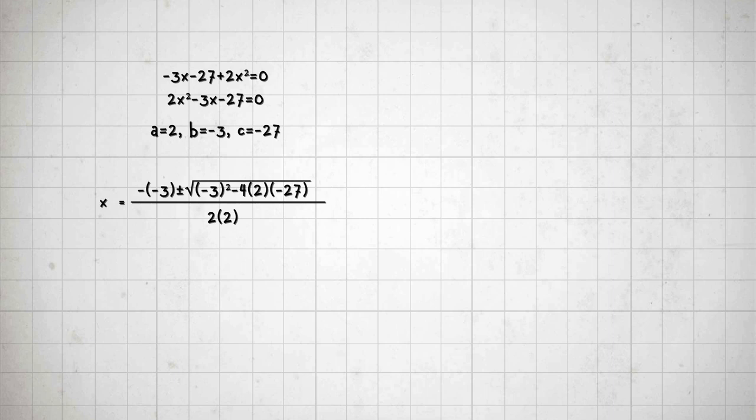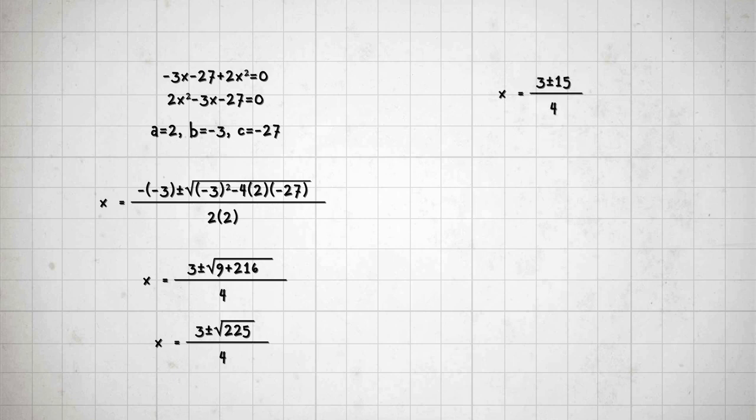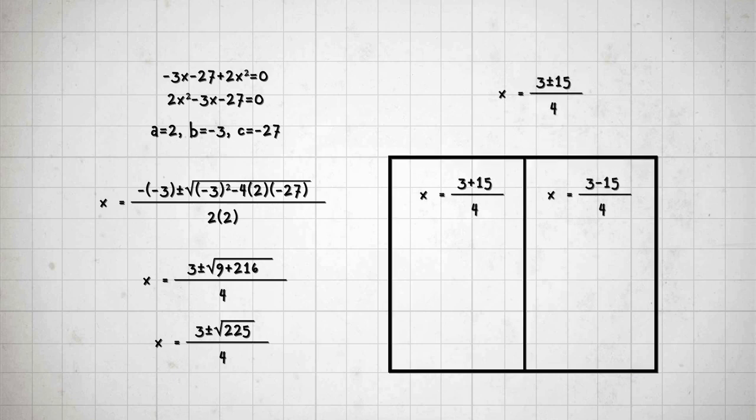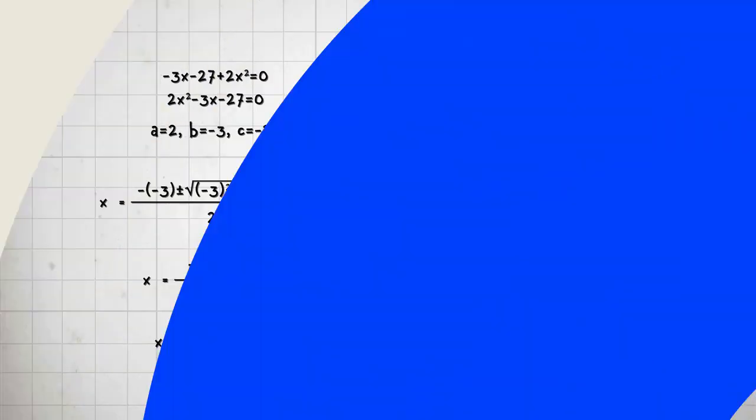Next, we evaluate each term in the numerator and the one in the denominator. 225 is a perfect square number, its principal root is 15. We write two equations using the two roots of 225 and then we solve for x. If the value of x is not an integer, we express it as a fraction in simplest form. So, the roots are 9/2 and -3.